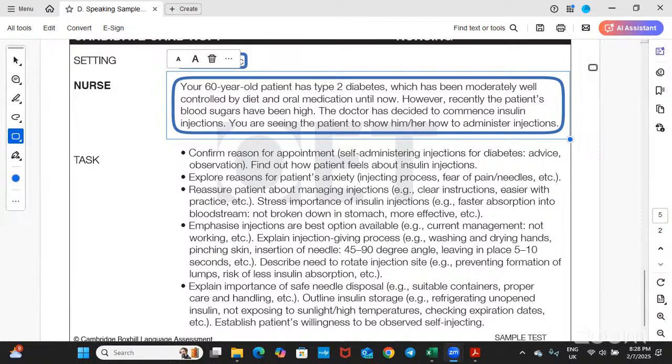Therefore, commencement of insulin injections or self-injecting insulin is advised, recommended. So earlier oral medication was enough, but now, because that is not going to help anymore, the condition is deteriorating, is not the same anymore. So the doctor recommended insulin injections.